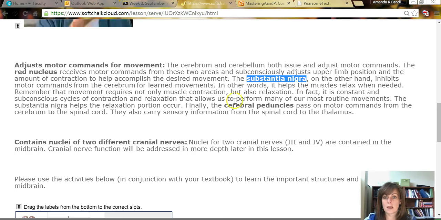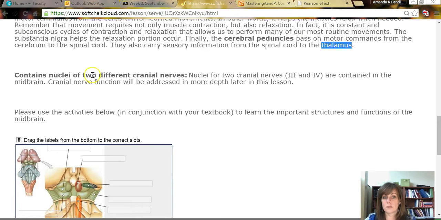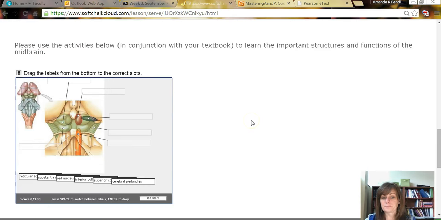And then lastly, again, we have this region right here, which allows motor commands to move from the cerebrum down to the spinal cord. It also allows sensory information to pass from the spinal cord to the thalamus, which is a region of the diencephalon. We also have nuclei for 2 cranial nerves in this region.